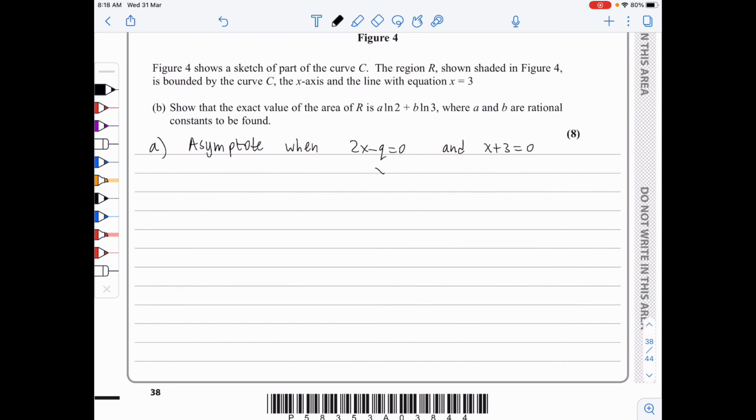So this is giving me x is q over 2 and x is minus 3. But we've been told that one of the asymptotes is that x is 2. So q over 2 is 2 and therefore q is 4 as required.